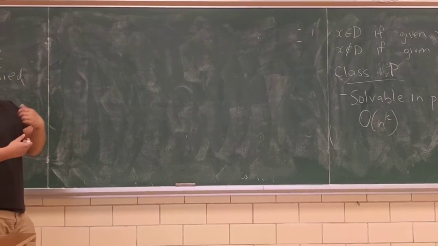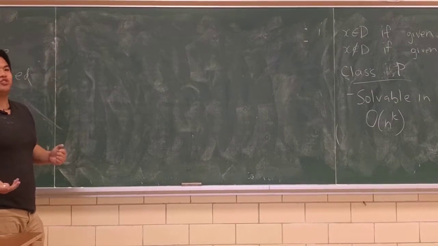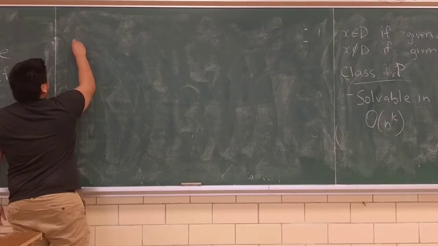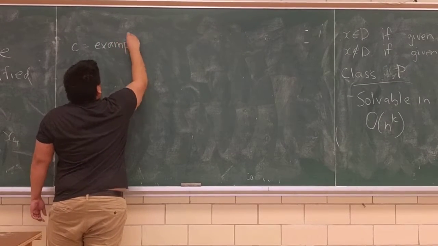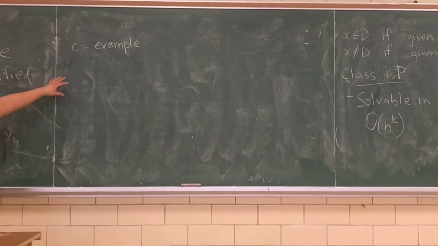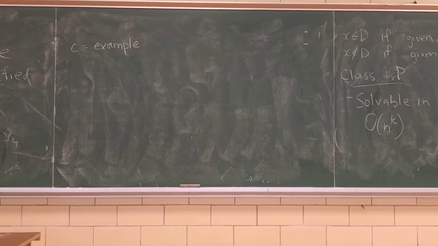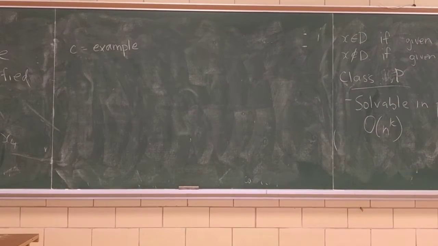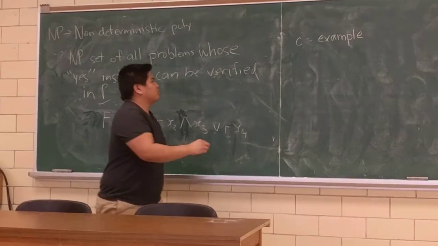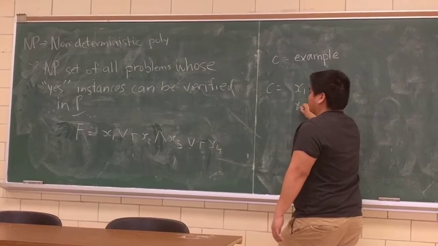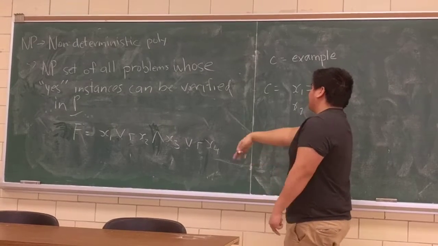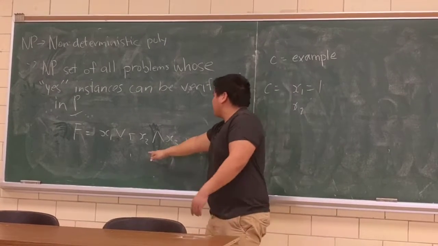Given the certificate and the input, we can verify it's true in polynomial time. So for the yes instances, what would be a certificate? C would be x1 is 1, x2 is 1, x3 is 0, and x4 could be anything, right?